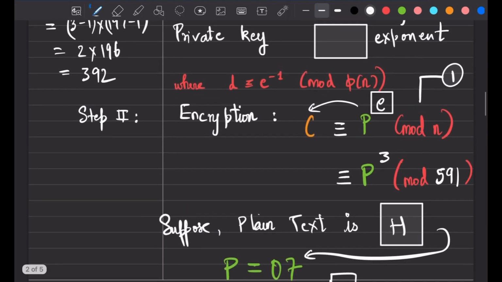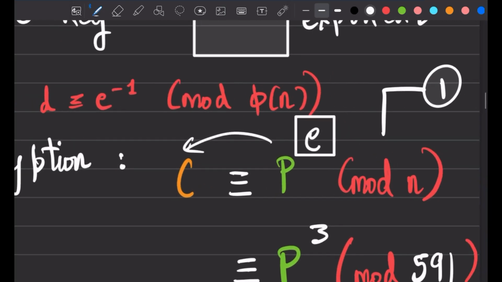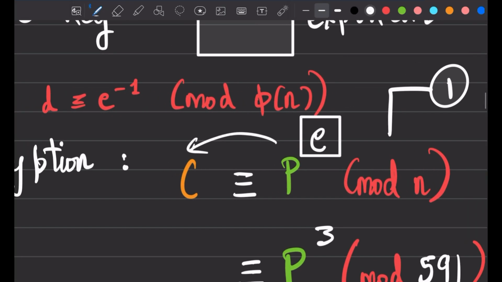This is obtained using the equation number 1, which is the encryption formula.